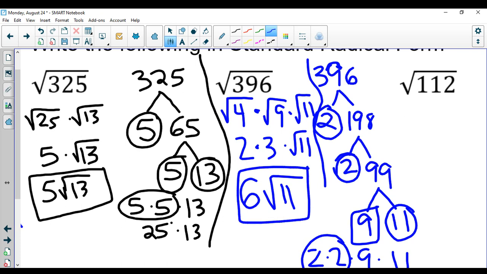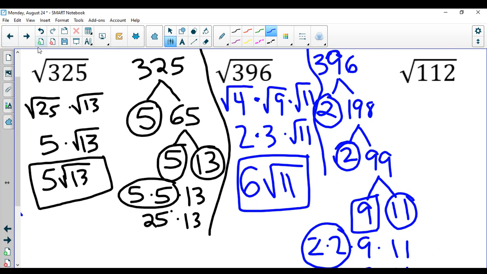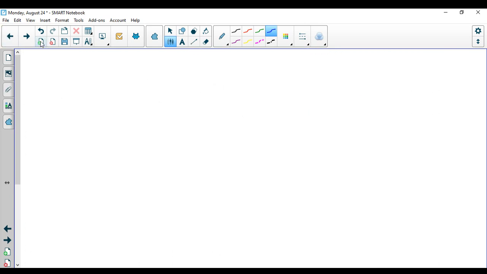I'm going to have to do the square root of 112 on a new screen. All right, square root of 112. It seems quite a bit smaller. Sometimes I use this trick, a divisibility rule: if the last 2 digits of your number are divisible by 4, then the entire number is divisible by 4.